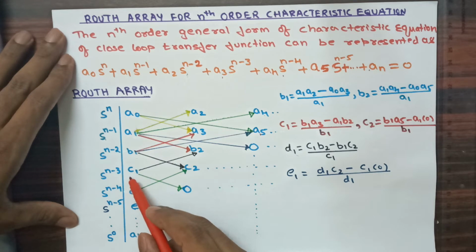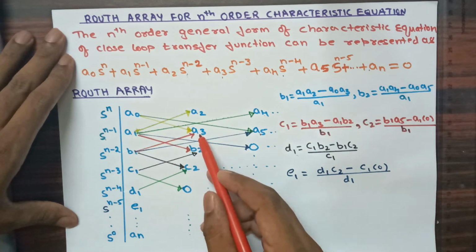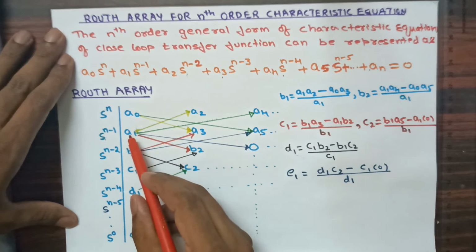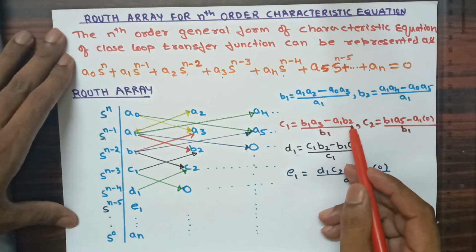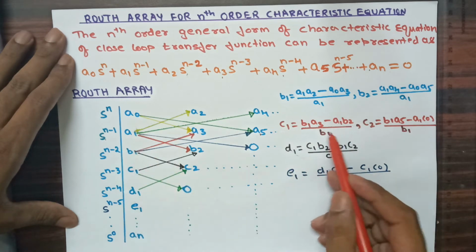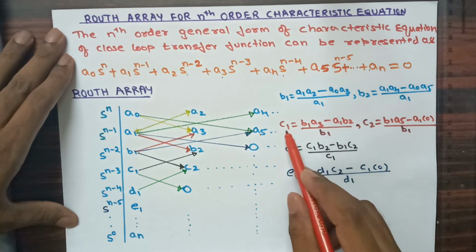Next, to get the fourth row, we are going to multiply b1 into a3 minus a1 into b2, whole divided by b1, and this whole value I have equated to c1.